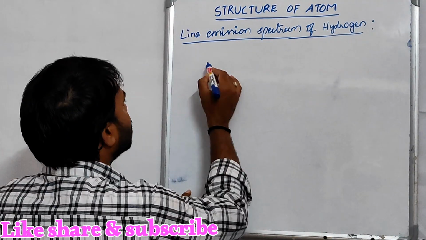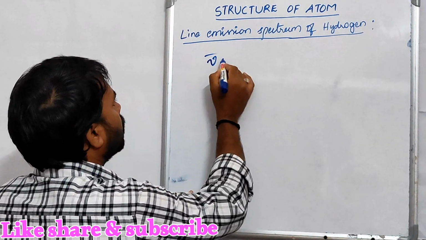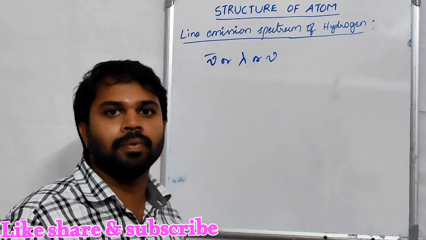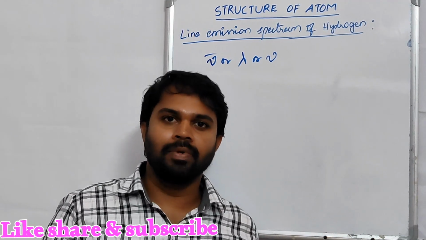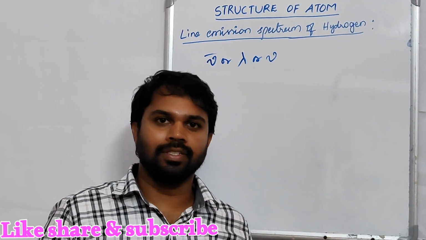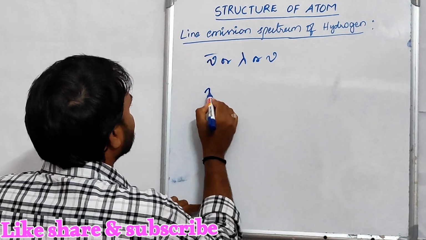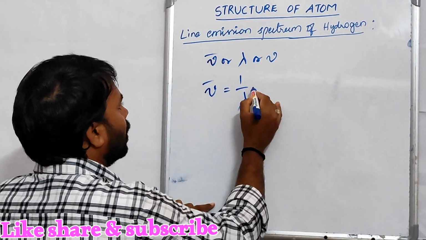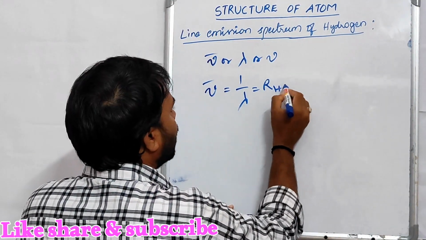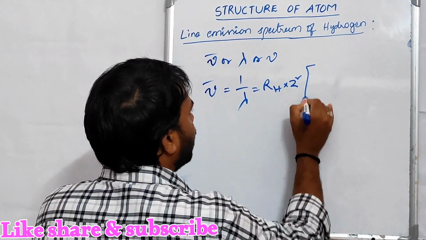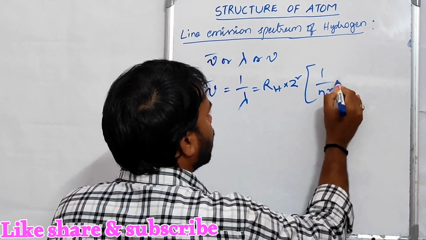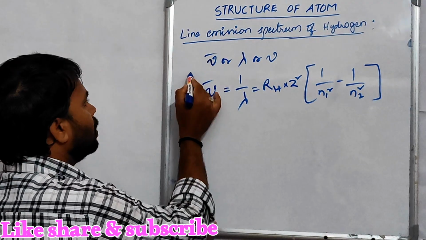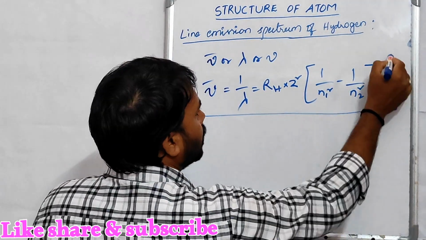Wave number or wavelength or frequency of spectral lines of the hydrogen atom can be calculated by using Rydberg's equation. That is, nu bar equals 1 by lambda, that equals RH into Z square into 1 by N1 square minus 1 by N2 square. This is Rydberg's equation.